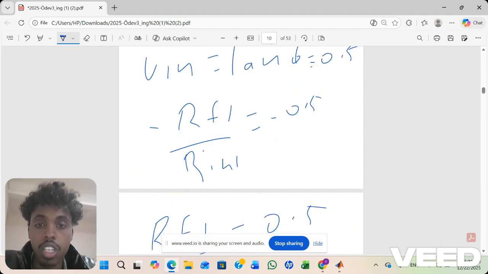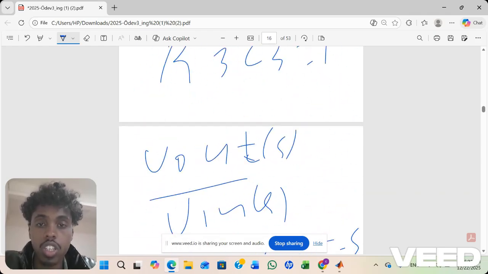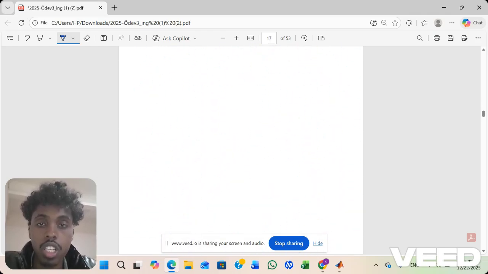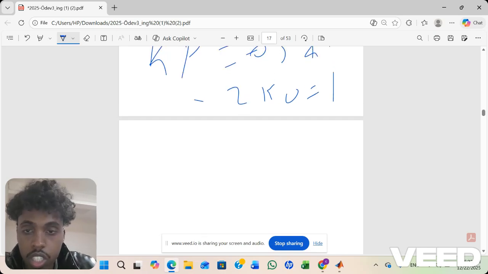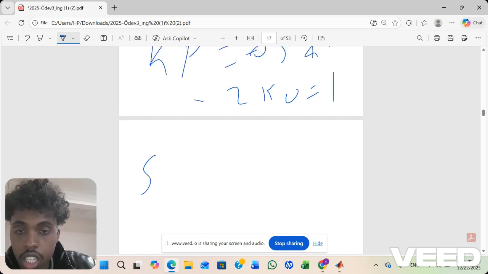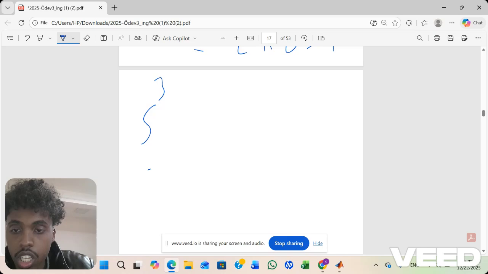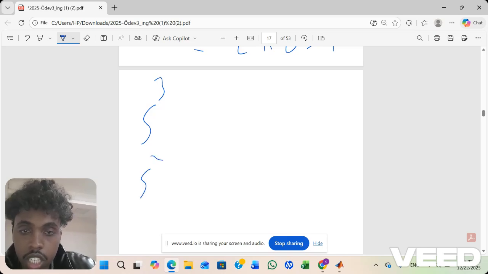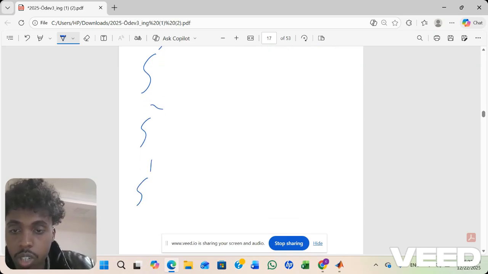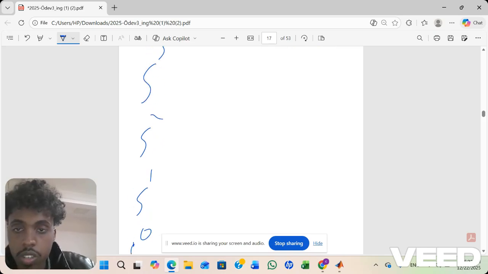So we're gonna calculate this one. So we have to say s cubed, s squared, s1 and s0.